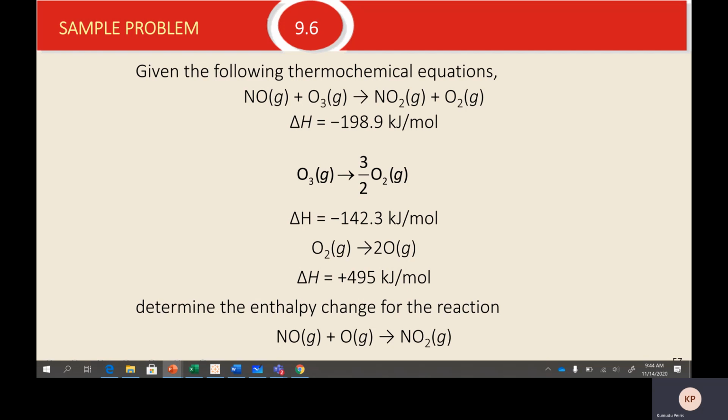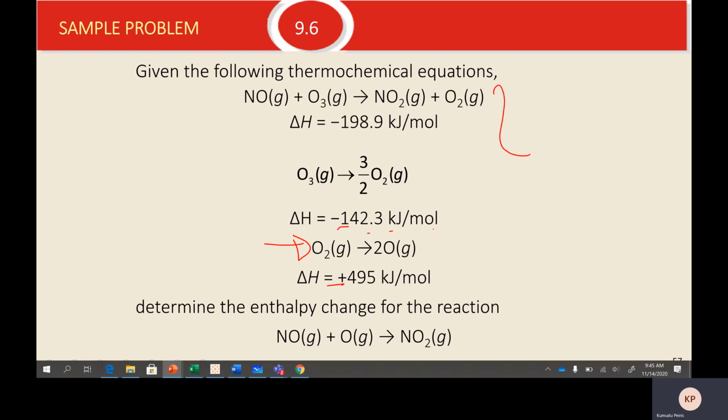Another equation: O3 gas goes to 3/2 O2 gas, with an enthalpy of negative 142.3 kilojoules per mole. The next reaction is O2 gas changing to two single oxygens, an endothermic value since it's positive, given as 495 kilojoules per mole.